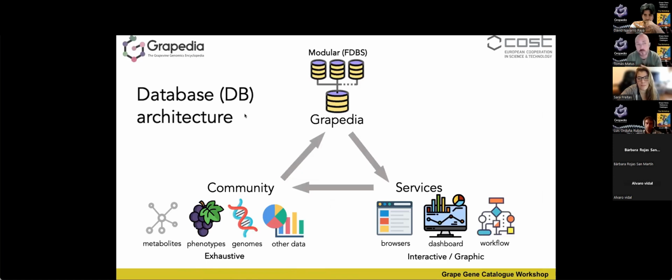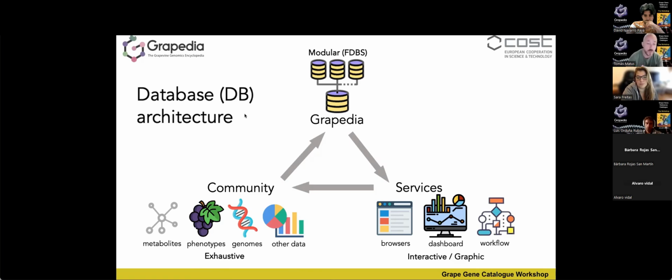So we started to work more than a year ago on an open source database called Grapedia, which stands for the Grapevine Genomics Encyclopedia. This database is basically a modular system composed of a federative database system, and it will have different types of information in different modules.